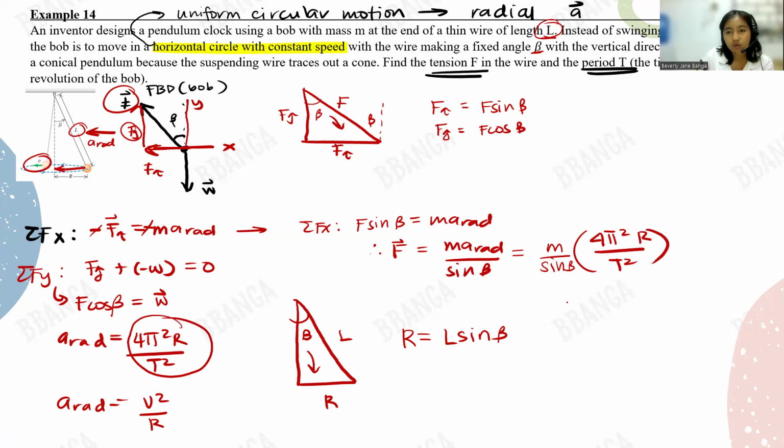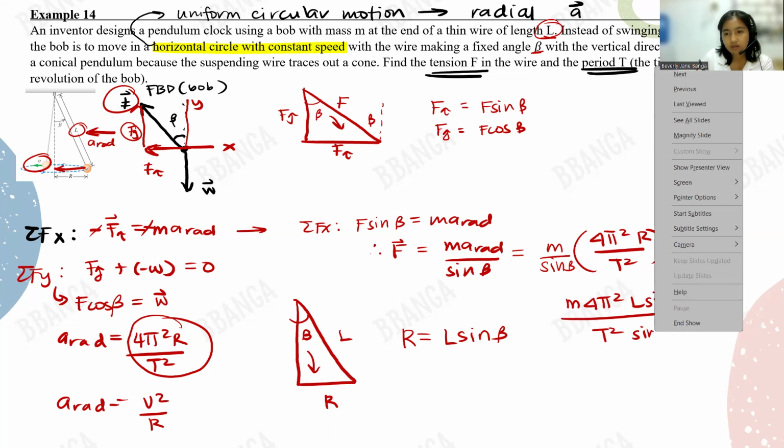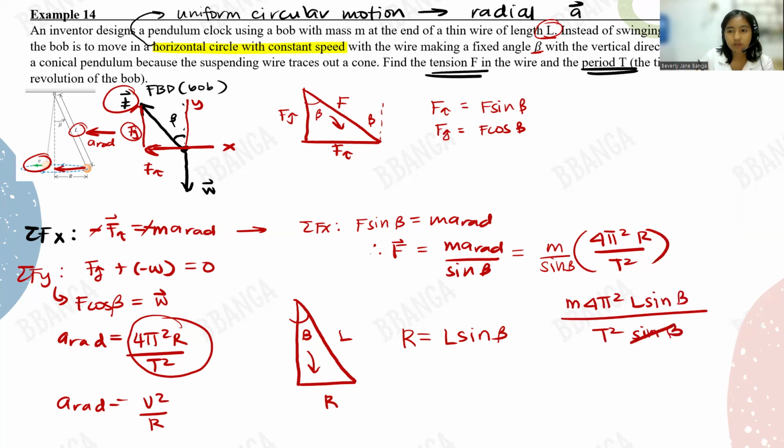Eh, ano ba yung R ko? This is simply M 4 pi squared times L sine beta over T squared sine beta. So, pwede ko na ito i-cancel. And therefore, my force is equal to 4 pi squared M over T squared.